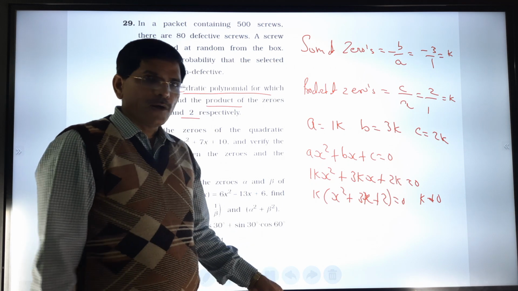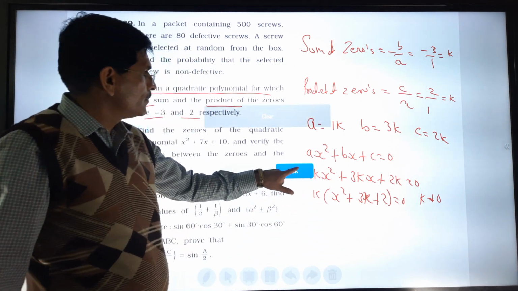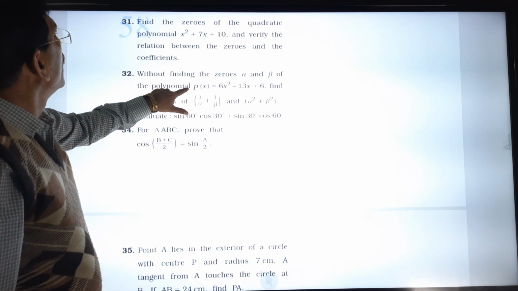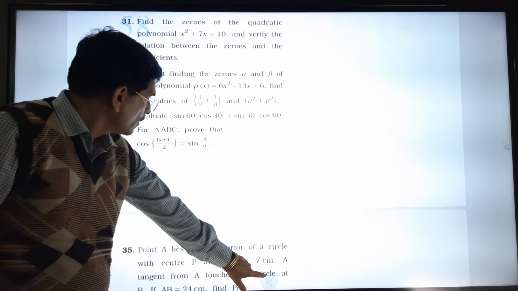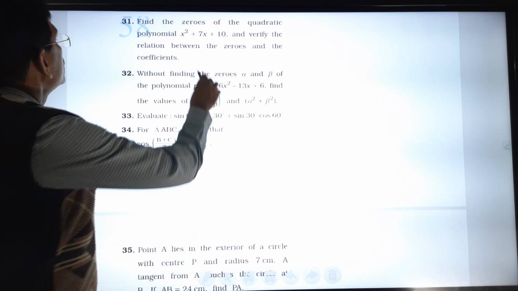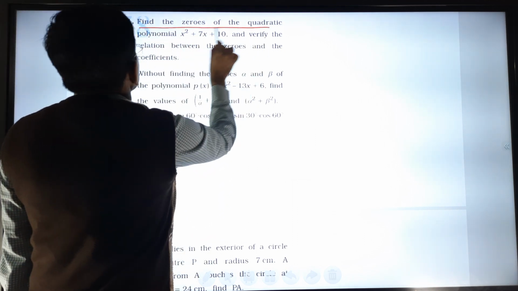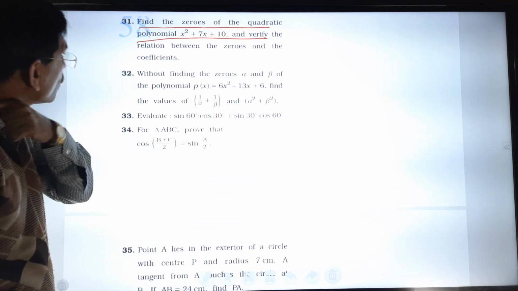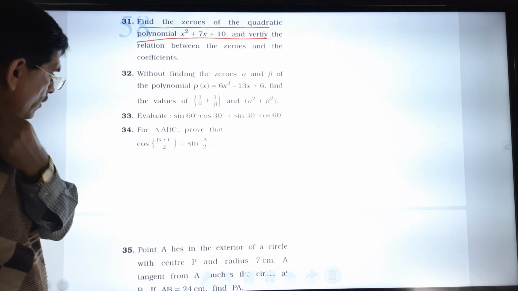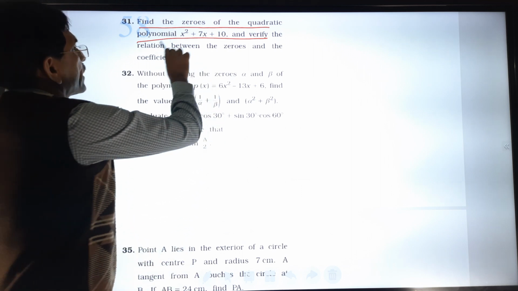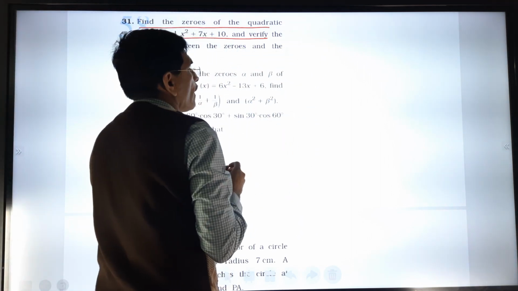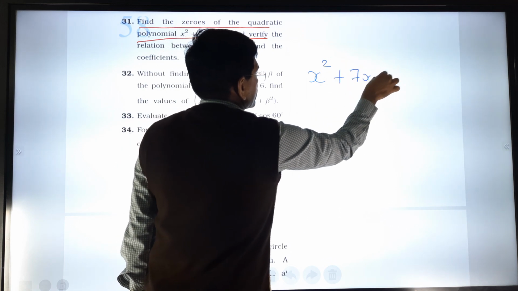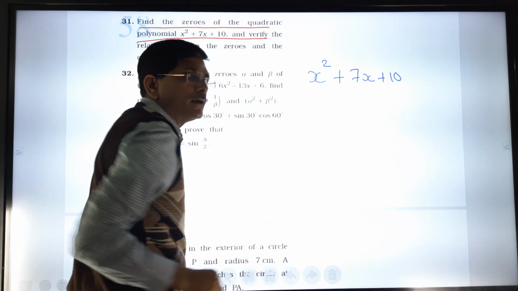So we go for the next sum. Question: find the zeros of the quadratic polynomial. So already we know, it's an easy one, x square plus 7x plus 10, it's a textbook example.